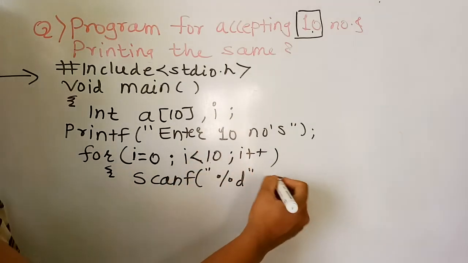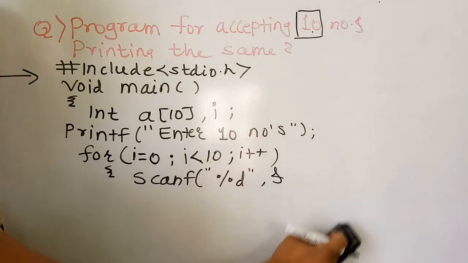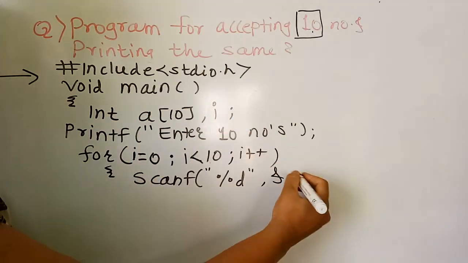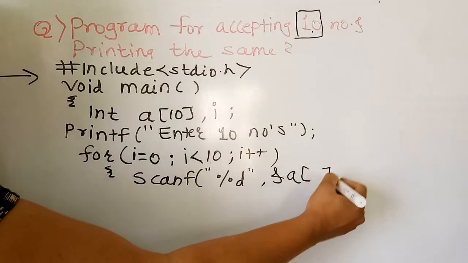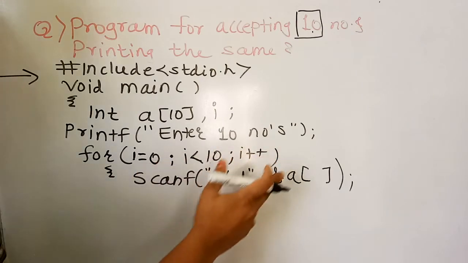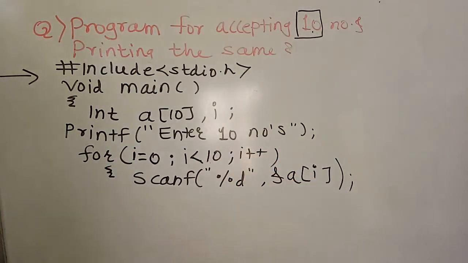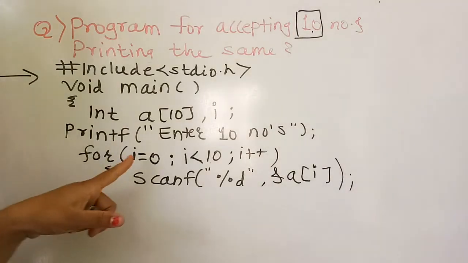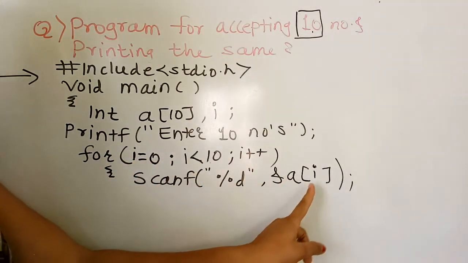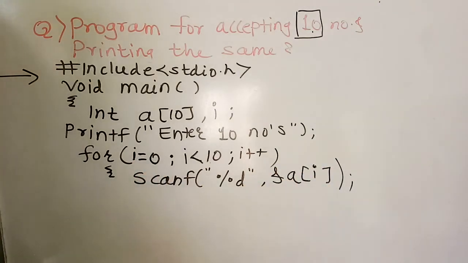In general, we use the ampersand sign and the variable name, but it is an array, so we have to write &a with brackets. For accepting 10 different numbers, you simply write the index of the for loop. For i equals 0, the 0th element of a will be accepted. When i is 1, the 1st element of a is accepted, and so on. Such a mechanism will be carried out.